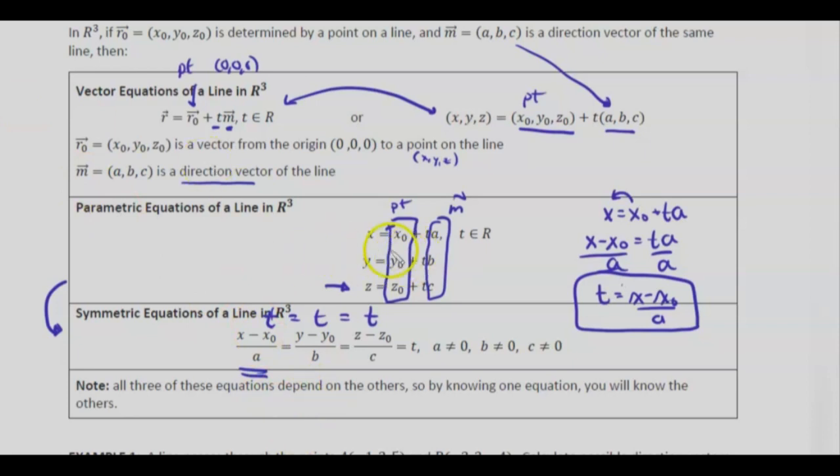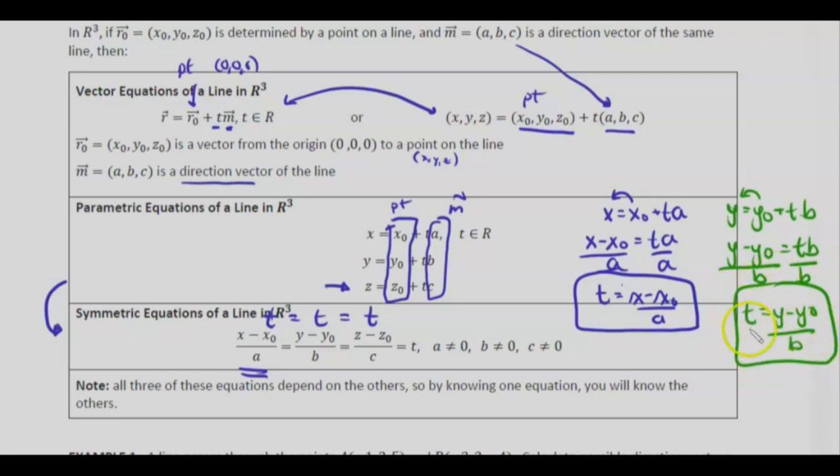You can then further do this with the y. So we'd have y equals y naught plus tb. We bring over the y naught and get y minus y naught equals tb. We divide both sides by b, so t equals y minus y naught over b.